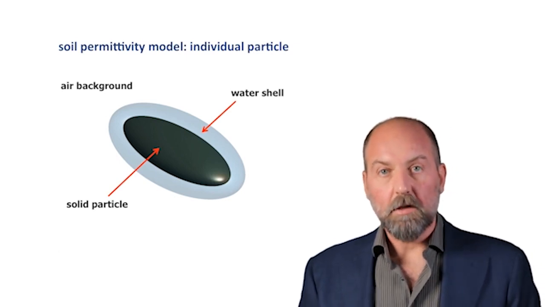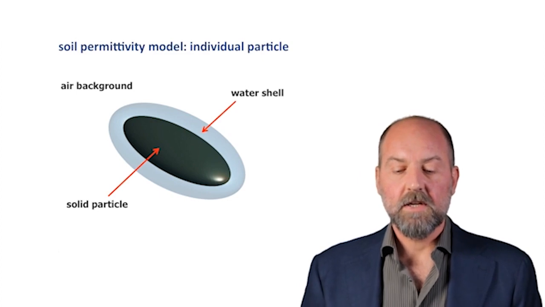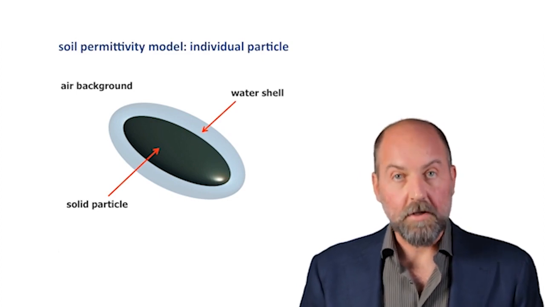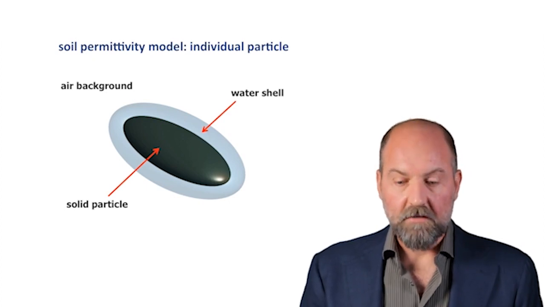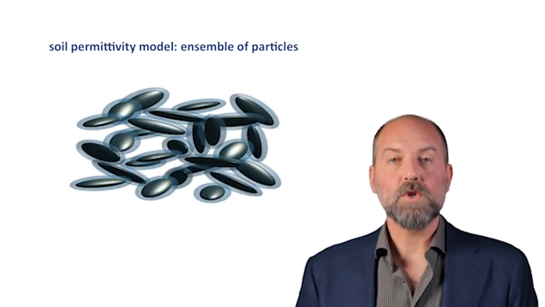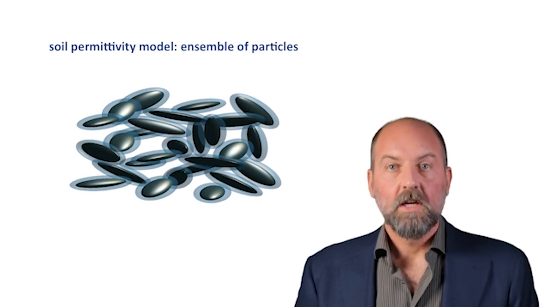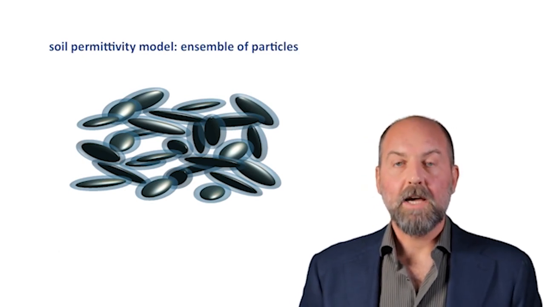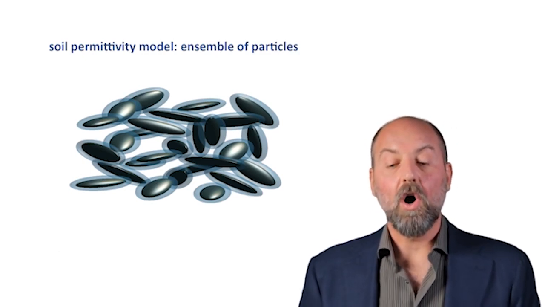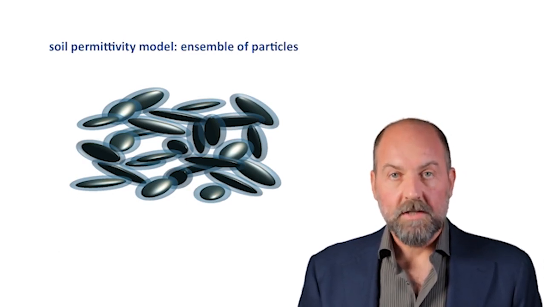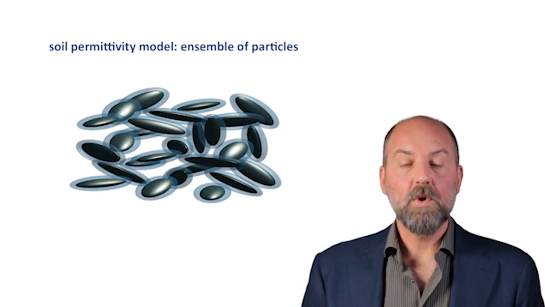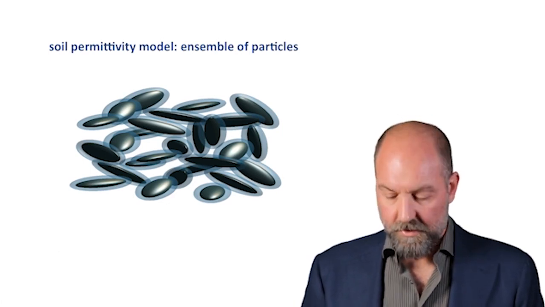And each solid particle is surrounded by a water shell. What you see here is one individual particle, and the soil is imagined to be formed by an ensemble of particles, all identical, which are randomly oriented and are within an air background.